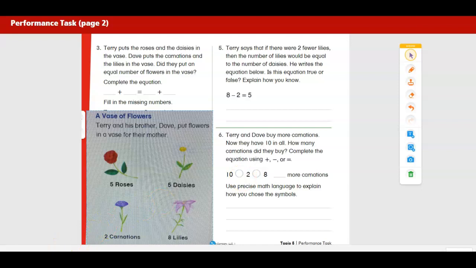So in our equation, these 2 symbols need to be filled by either a plus or minus sign and an equal sign. So what symbol would go where?